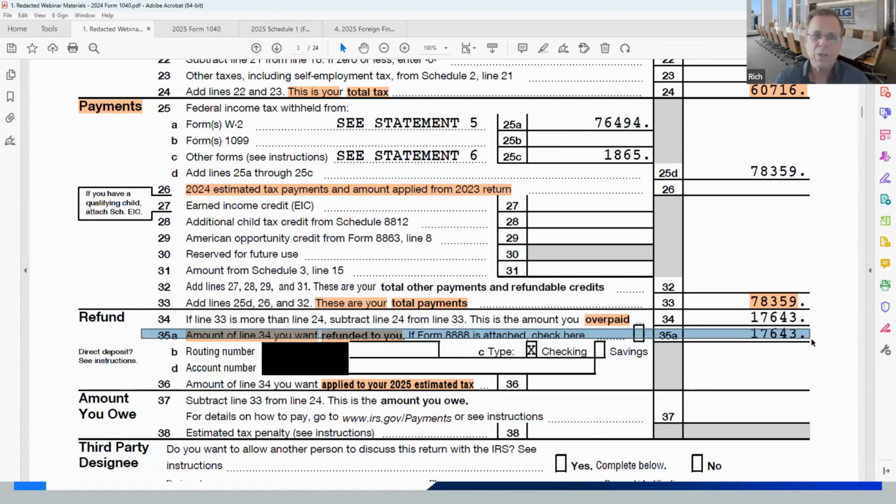On high net worth individuals that have passed-through income that could be on estimated taxes, it's not uncommon to see on line 34 that they overpaid their taxes by $200,000. And it's not uncommon to see refunded to you zero because they wanted it applied to the next year. So they have a $200,000 credit with the IRS.